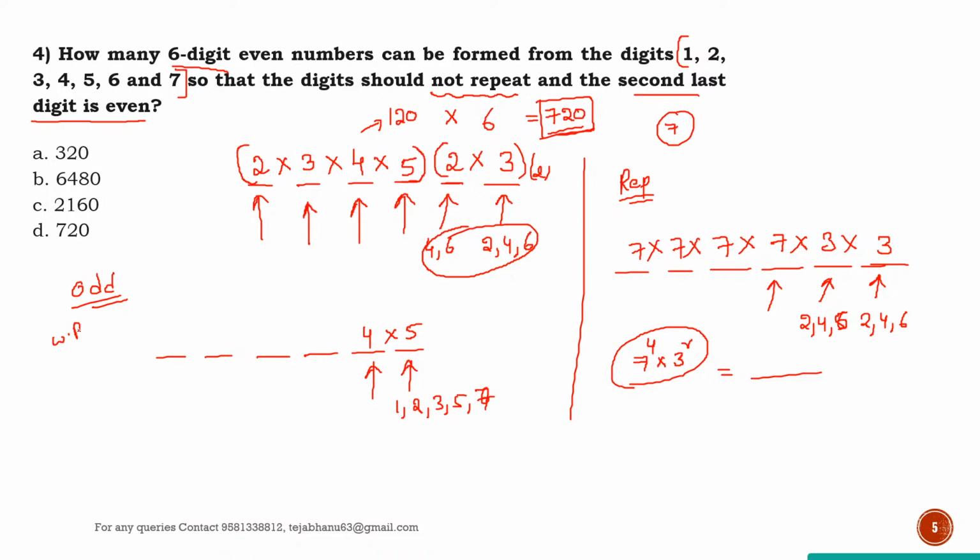For example, I am taking without repetition 4 choices. For this again we have 5 choices, 4 choices, 3 choices, 2 choices. This value is not 720, right? I hope it's clear. Nagur, I hope it's clear.